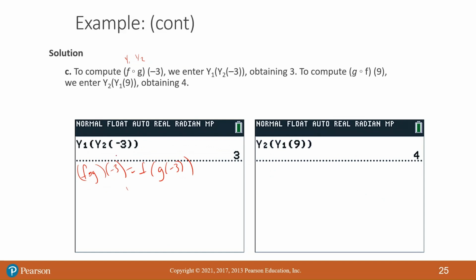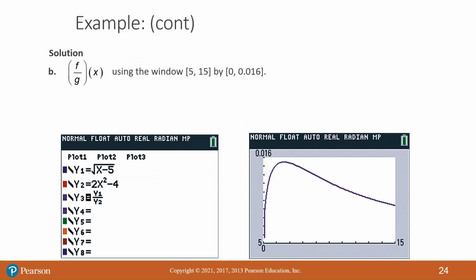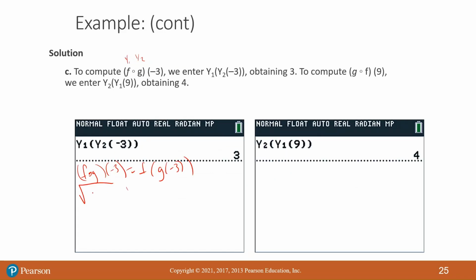So I'd have to take the square root of x minus 5, but instead of x, I'm going to plug in 2x squared minus 4. And then I have to also keep the -5 in there. Put the -3 in for the x, because that's what we're inputting in for x here.